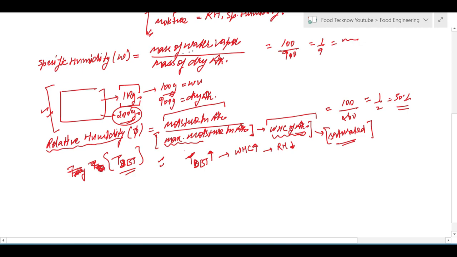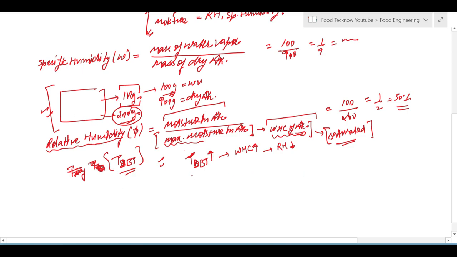So the mass of water vapor is constant and the mass of dry air is constant. It is not changing with the change in temperature, while the water holding capacity of the air will change with the temperature. So I hope you can easily understand these things, that the relative humidity will be affected by the change in temperature, but the specific humidity will not be affected by the change in temperature, right?